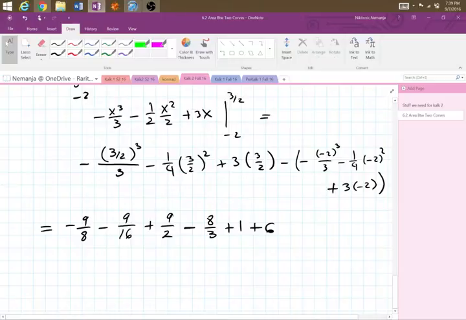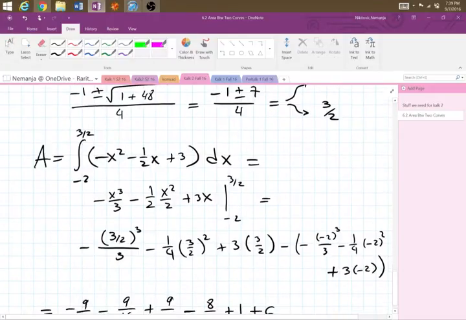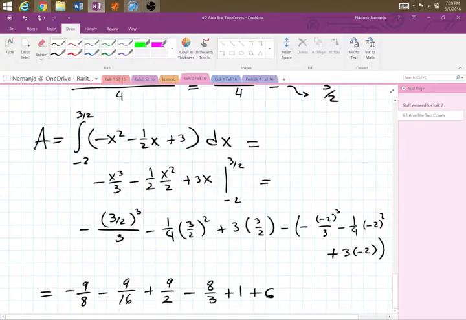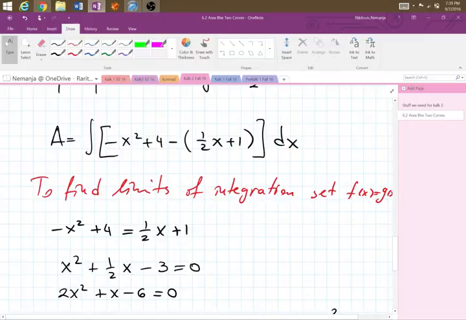Yes? Why did you make it negative at the beginning? The integral? You had the whole function negative? Which whole function? When you put the combined one, the -x squared minus... Oh, because I'm solving from here. It's -x squared. See, on the bottom, I get to manipulate this any way I want. Because if the equation has an equal sign here, I can move terms to the left or to the right.